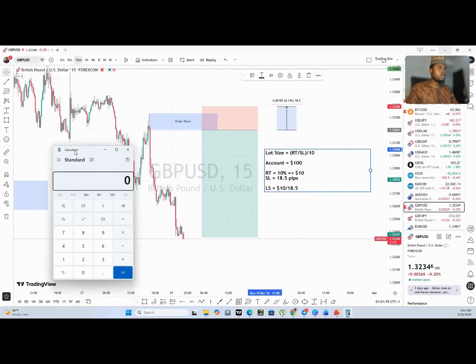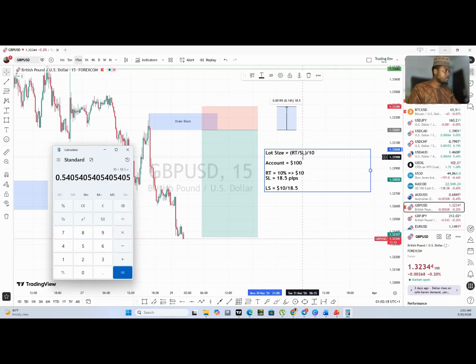So let's put the calculator here. $10 divided by 18.5 gives me 0.54.